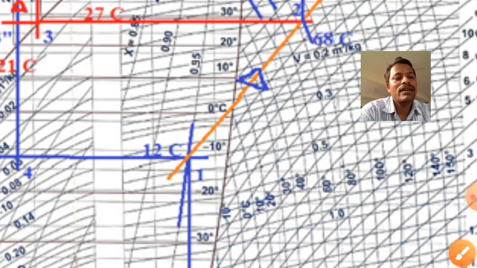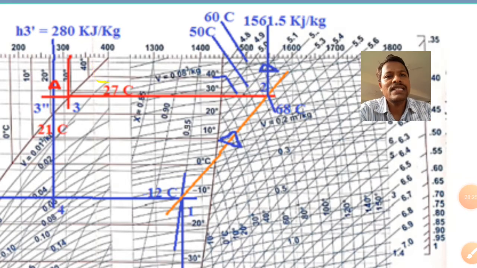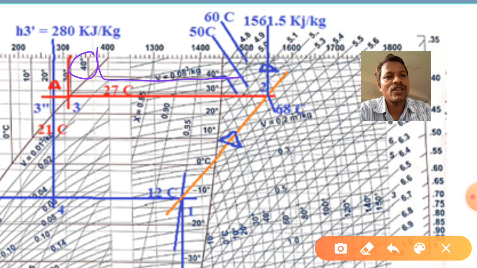We have constant temperature lines available on this pH chart. See, we have constant temperature lines. This is the 40 degrees Celsius line, which is moving downward like this.